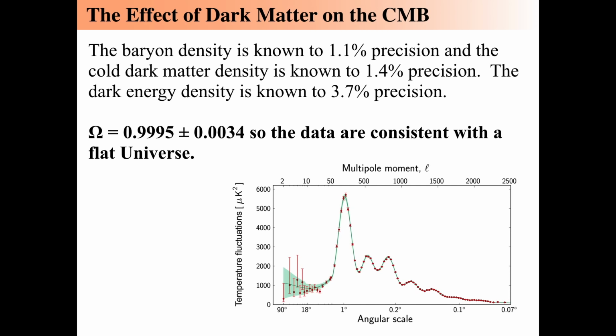So we say, oh, it must be a flat universe composed mostly of dark energy, and then dark matter makes up the rest of the cosmos with a small sliver of normal matter in there.